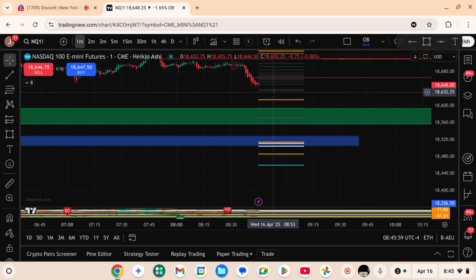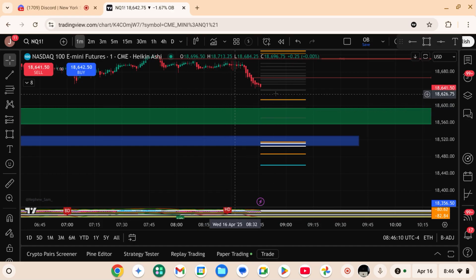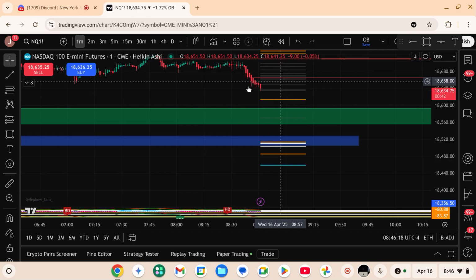And I definitely don't want to take shorts where I was saying we could have because this gap here, there's just this liquidity here. It could target within this range here. So it could take that liquidity, come into this fair value gap, and then just start pushing right back up.